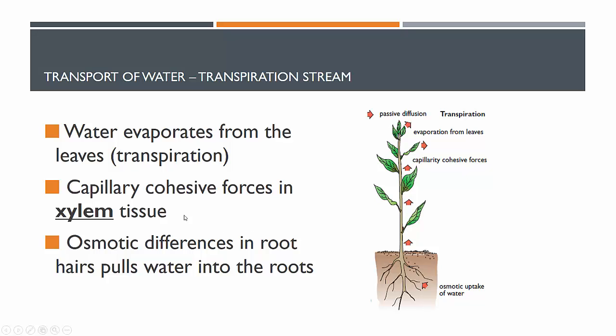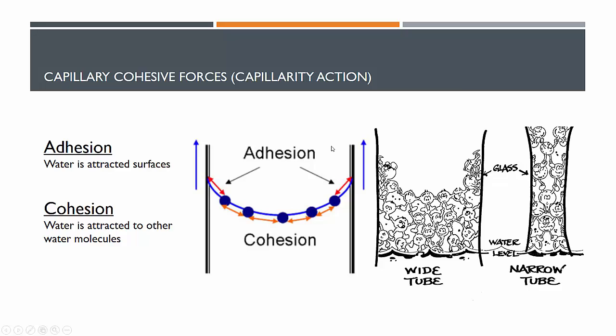It's generally the upward movement here. And then we have osmotic differences in the root, where root hairs pull water into the roots. Okay, so that's three areas that are working. And you'll notice that the label here is passive, so there's no energy required for this.